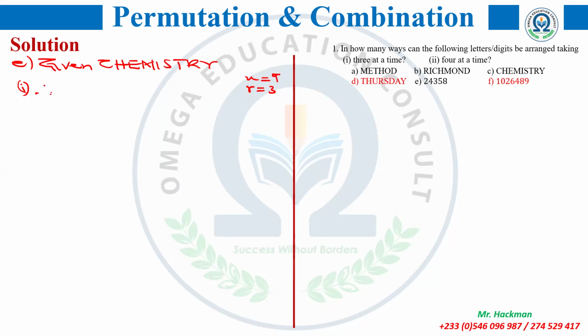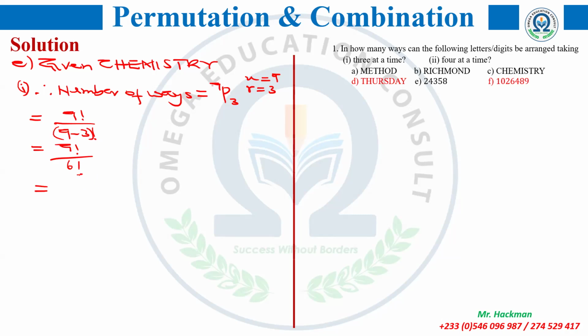Therefore, number of ways, we know it will be N permutation R. But our N is 9, and our R is 3. So this will be equal to 9 factorial over 9 minus 3 factorial, which gives us 9 factorial over 6 factorial.